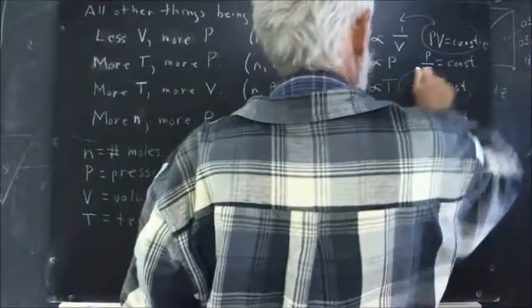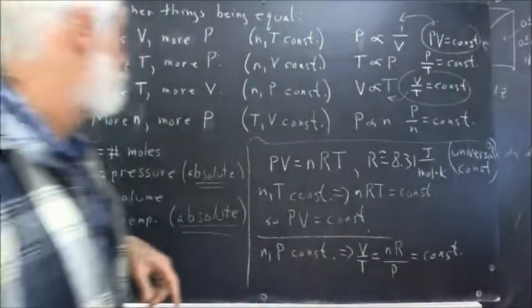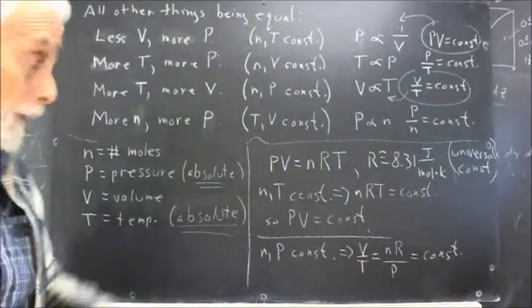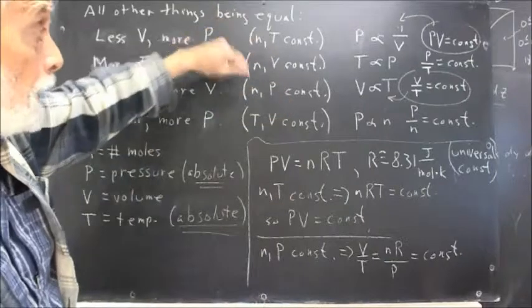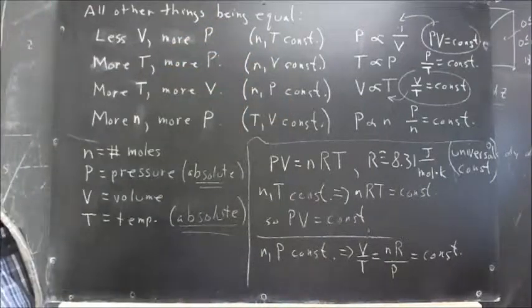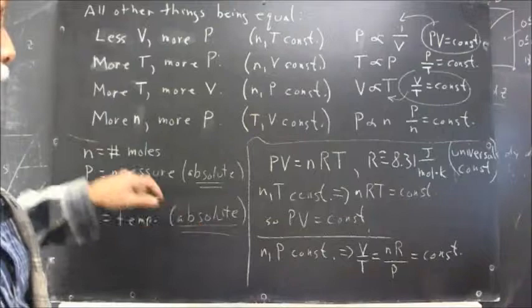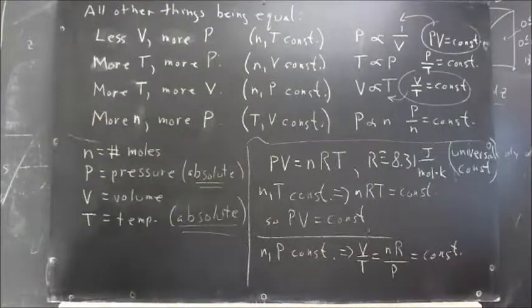V over T constant implies that V is proportional to T, and that verifies what we have. You can do this with any pair of quantities you want to keep constant, okay? And you can get the variation between the other two quantities.